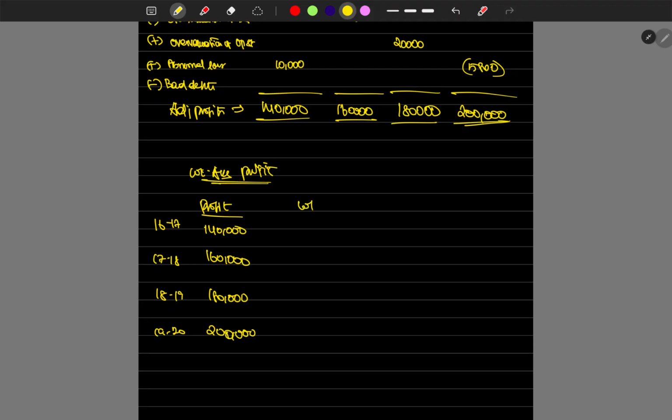Okay, what's the weight? Highest weightage will be given to the most recent year. What's the most recent year? So 2020. So 4, 3, 2, 1. Multiply this, we get the weighted profit.